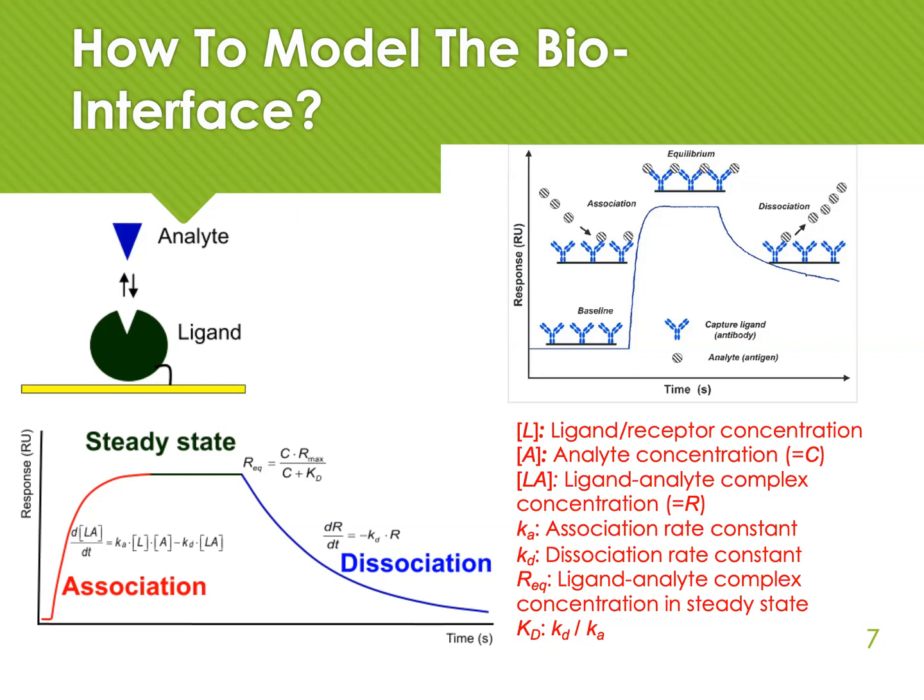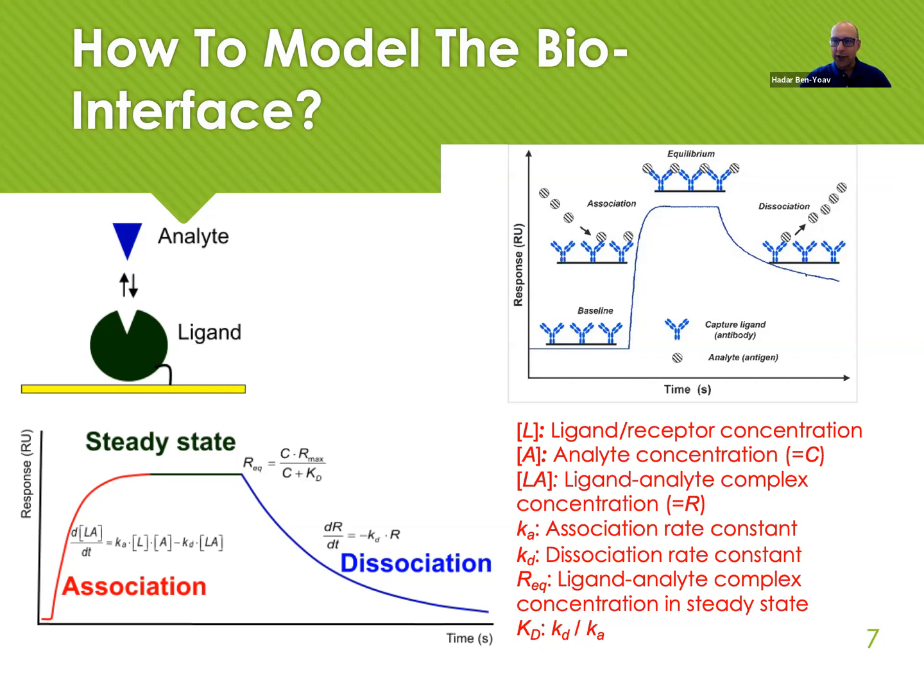So this is the reaction kinetics we described for association. Now, for the dissociation, and sorry for the different letters, LA is now R, the bound complex, and the change in the bound complex is decreasing again. We look at R and LA because they provide the response. They describe the amount of antibody or receptor bound to the analyte.